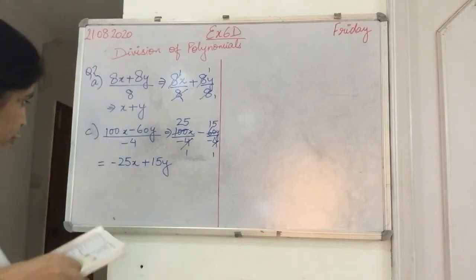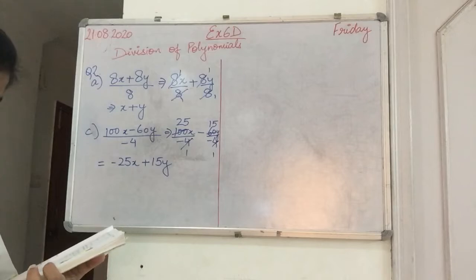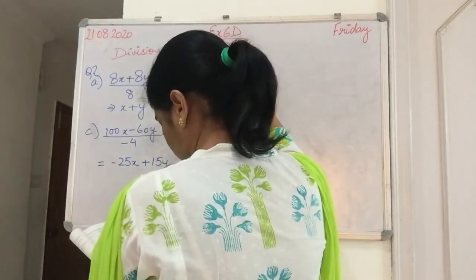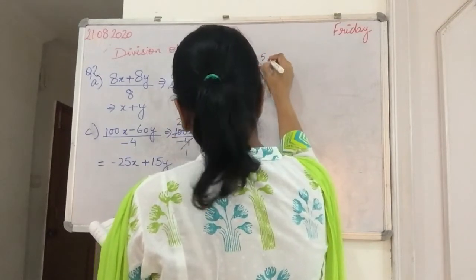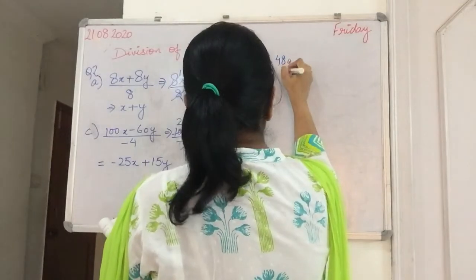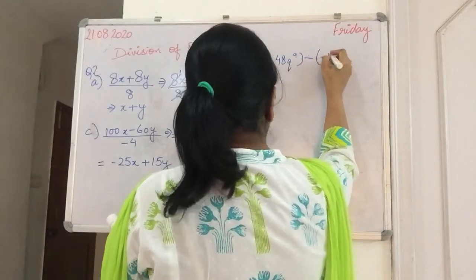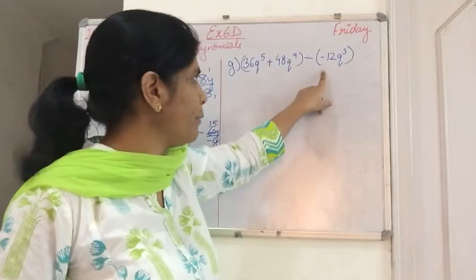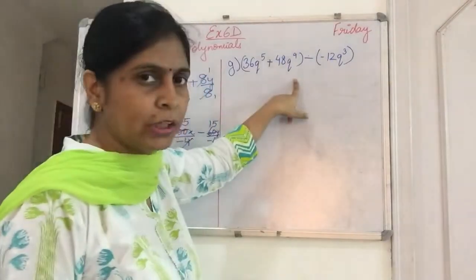So let's take one more example which has a variable also. Let's do the G part of it. 36q^5 plus 48q^9 divided by minus 12q^3. Now students, it is written in this form, minus 12q^3. So it means that it will be divided with both the terms.